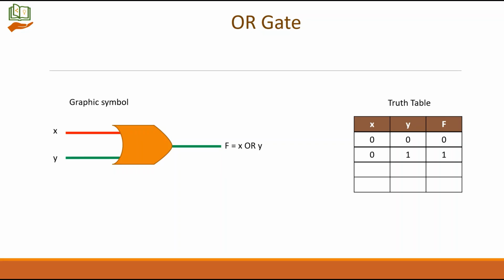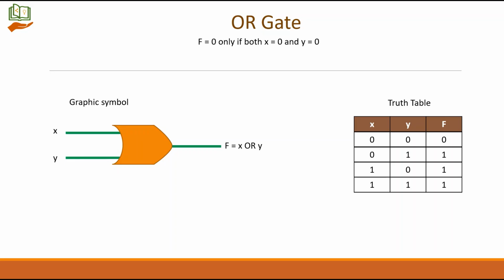So this is the next row. What about x is equal to 1 and y is equal to 0? So here 1 or 0 will again give you 1 only. So this is the third row. What happens when x is equal to 1, y is equal to 1? 1 or 1 will give you 1 again. So this is the final row here.